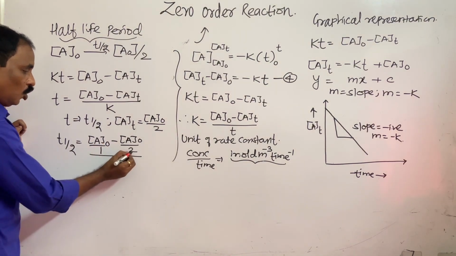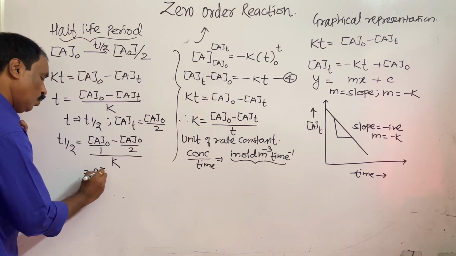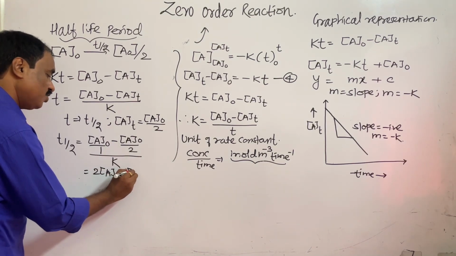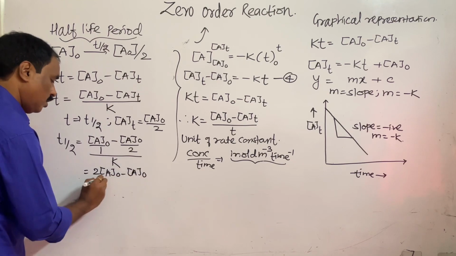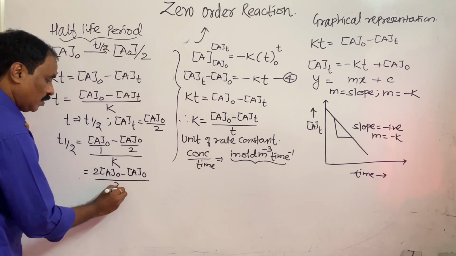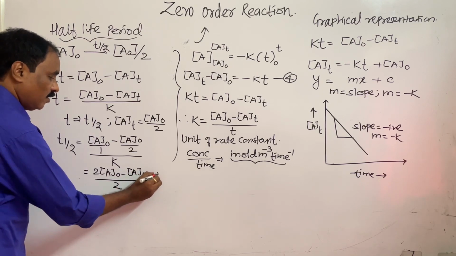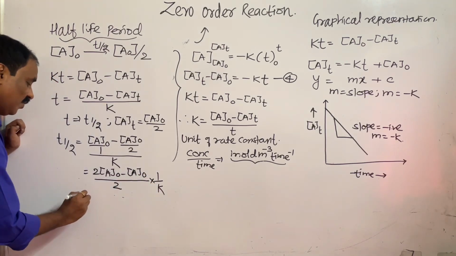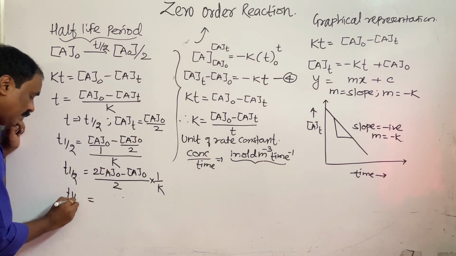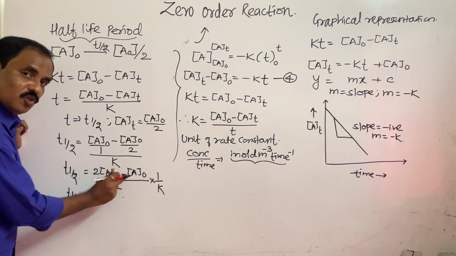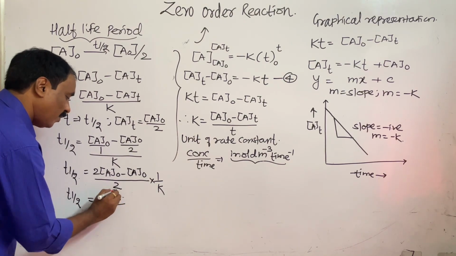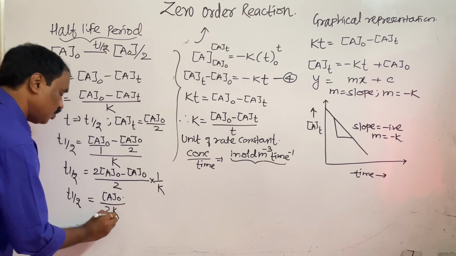Taking 2 into A0, 2A0 minus A0, divided by 2, into 1 upon k. So what is the final equation? t half is equal to, now 2A0 minus A0 will be A0, divided by 2 into k, that is 2k.